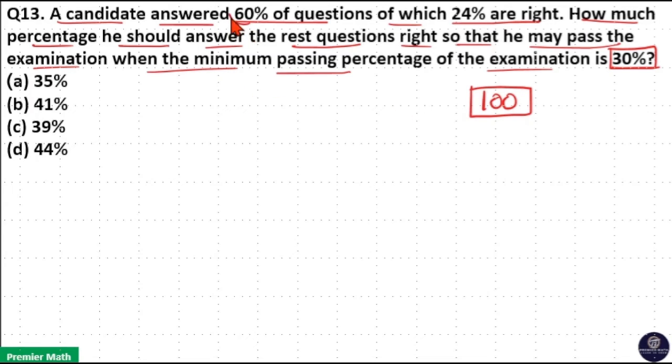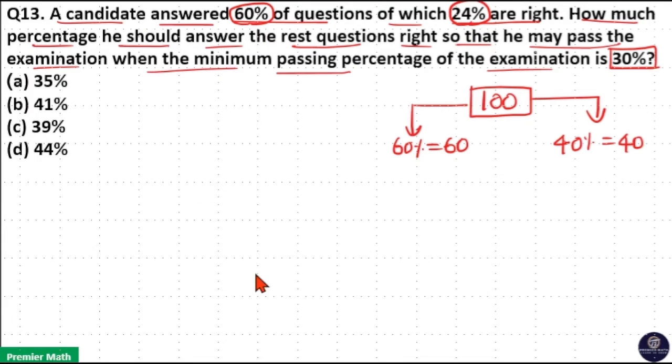Here he already answered 60% of the questions. So 60% of 100 is 60. Now remaining unanswered question is 40%. 40% is equal to 40 because we consider 100 as the total number of questions. Now he corrected 24% of the 60% of questions.